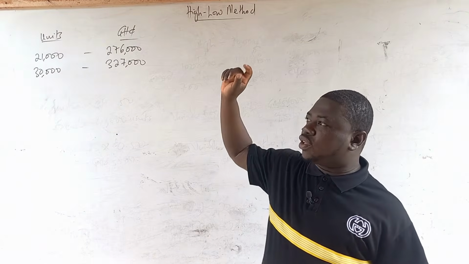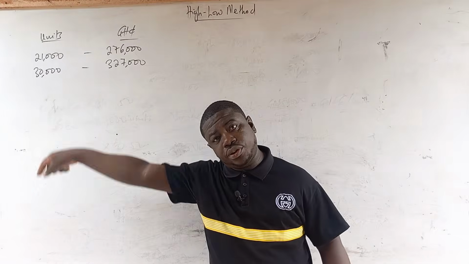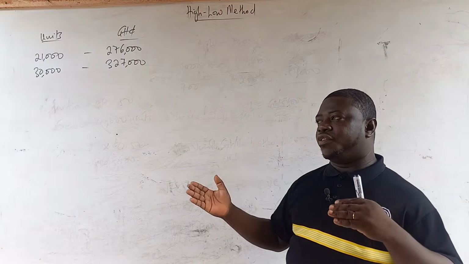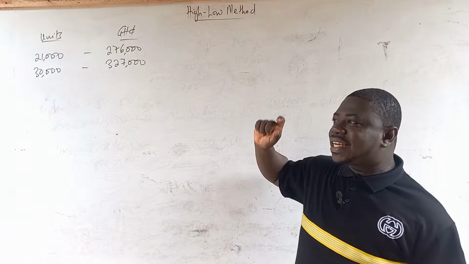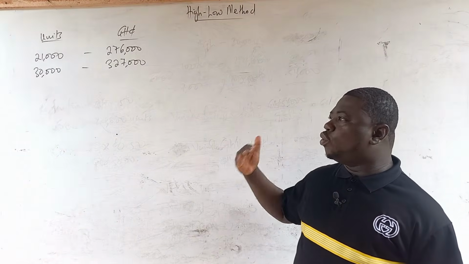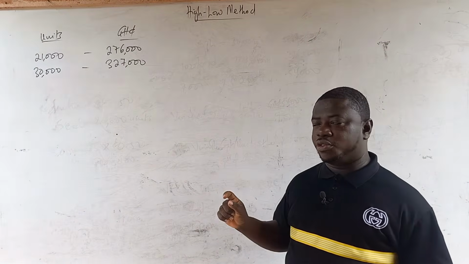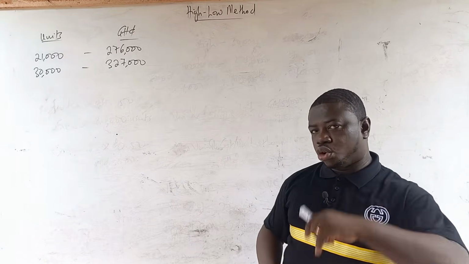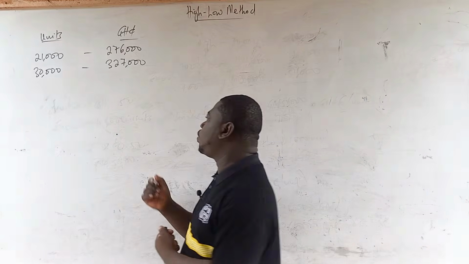The first 24,000 will be affected by the variable cost per unit of 6 cedis. Then when you take 24,000 from 28,000, we have 4,000 extra. So the excess 4,000 will have the new variable cost per unit of 5 cedis, 50 pesos applied. And then we add the total variable cost to the total fixed cost to get the total cost of producing 28,000.